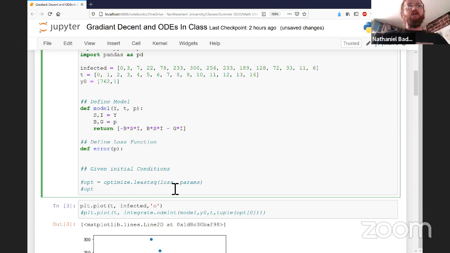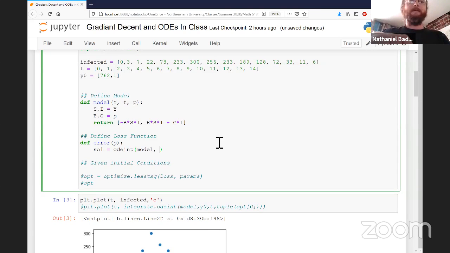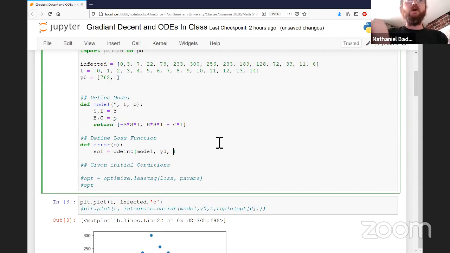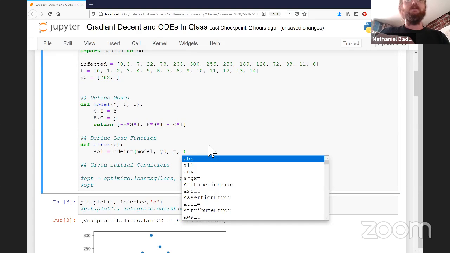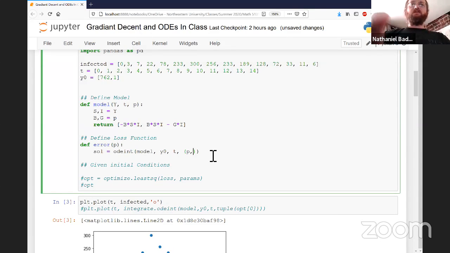Okay, so we need to compute our model. So take our usual solution equals odeint model, y-naught, t, and then we're just going to feed it P, which is just going to be our list of parameters.